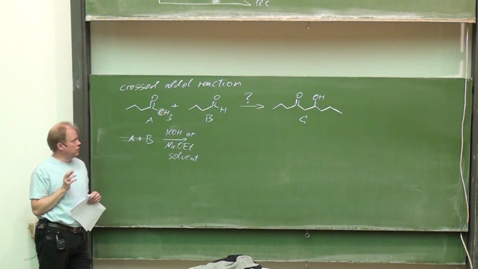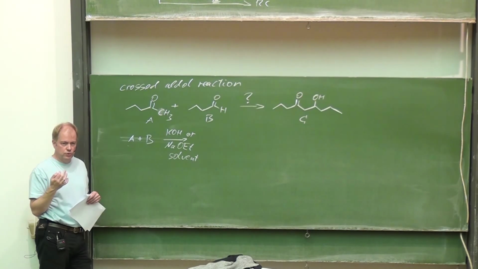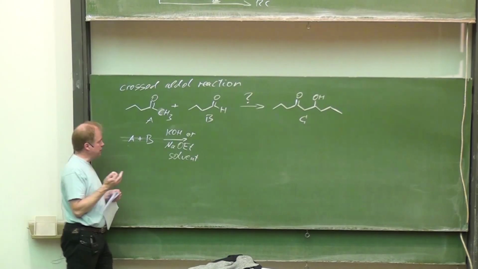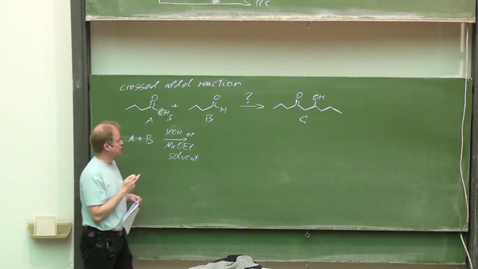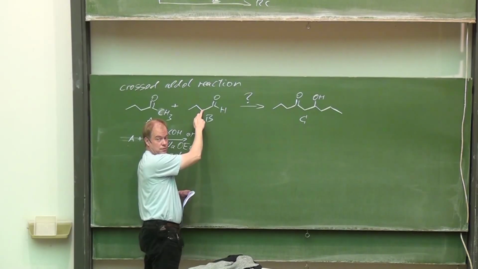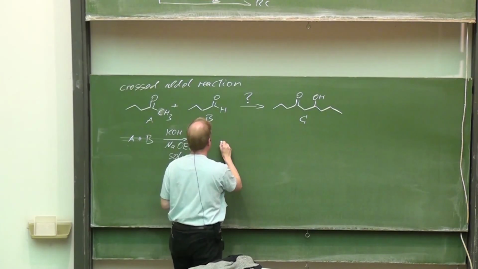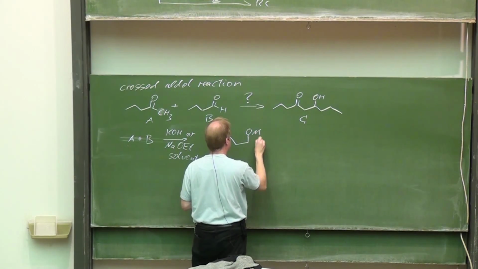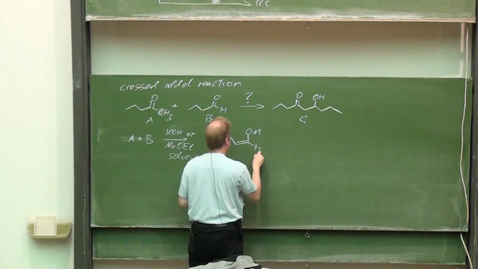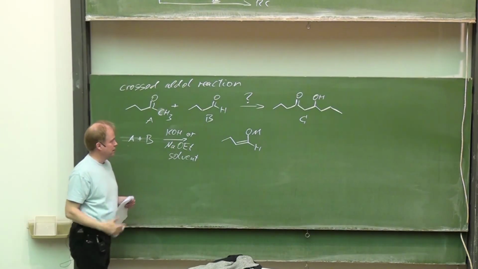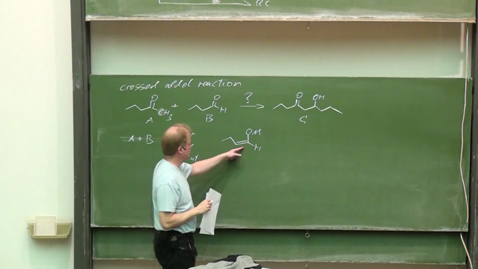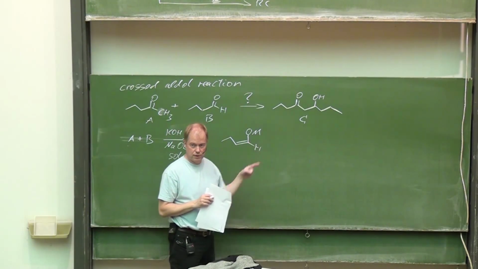Well, the base will certainly deprotonate preferentially at the most acidic position. And aldehydes are more acidic than ketones. So this is the position that will be deprotonated. Then we have preferentially this enolate, and with this enolate we just don't get to this product.